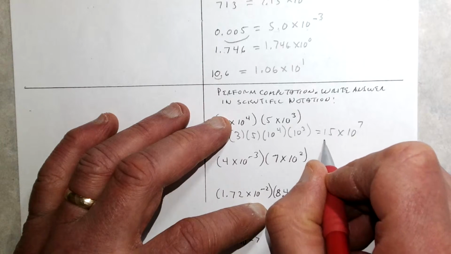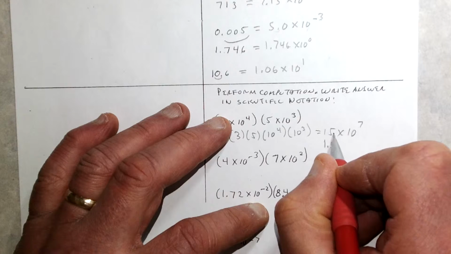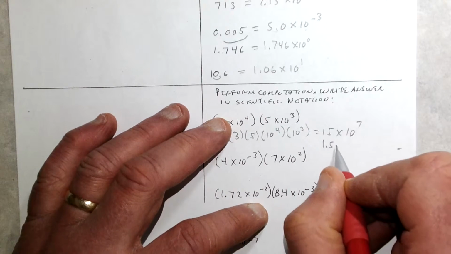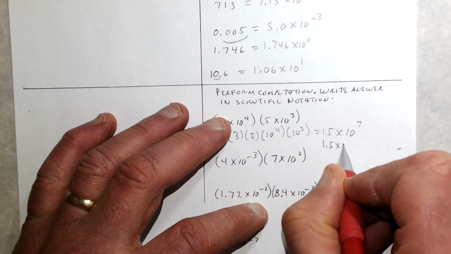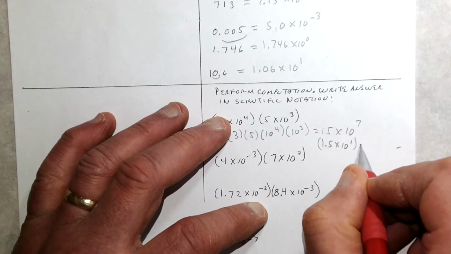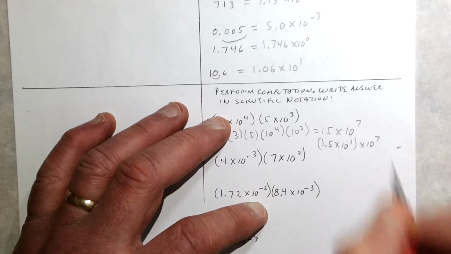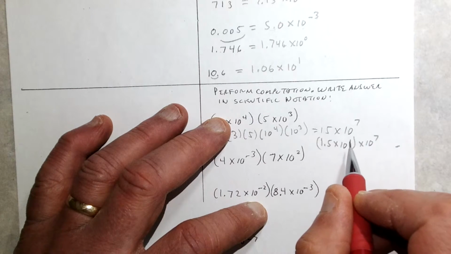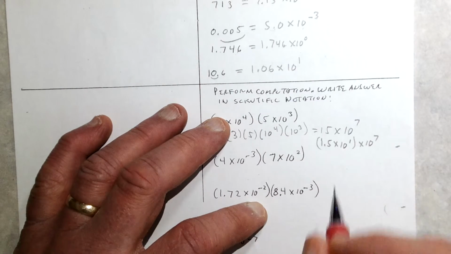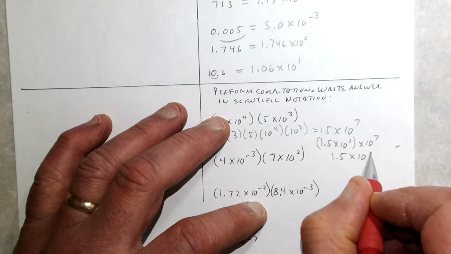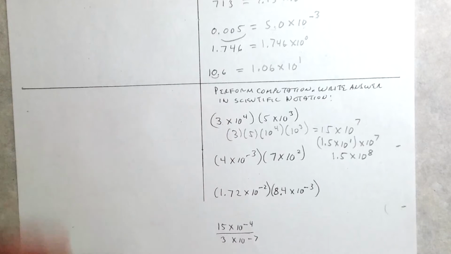So I'd like to call this 1.5, and because I had to make a negative decimal move to get to a decimal between 1 and 10, this alone is times 10 to the first. That's still 15. But then I have times 10 to the 7th still. So now I have 1.5 times 10 to the 1 plus 7, or 1.5 times 10 to the 8th would be the final scientific notation form of that answer.